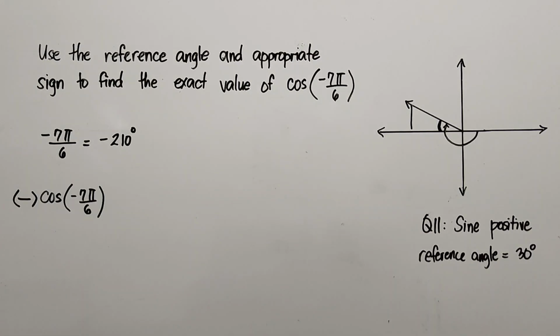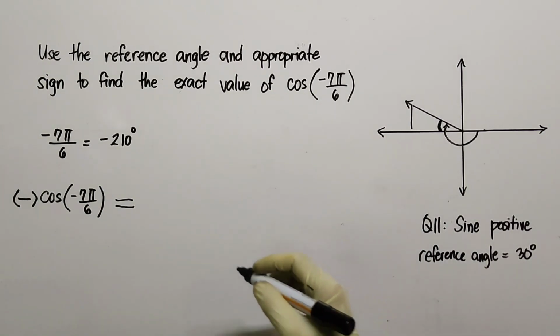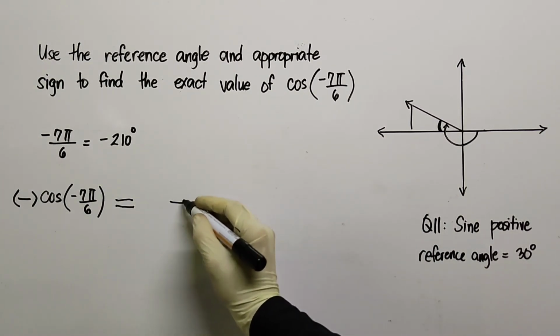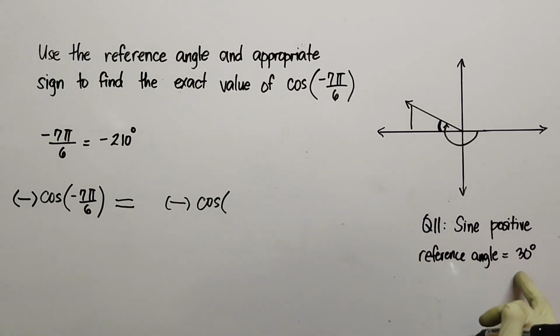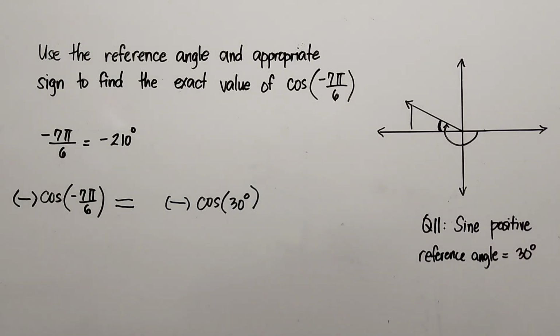In this problem, we are only asked for the exact value of the cosine of negative 7 pi over 6. And since this is in quadrant 2, the cosine in quadrant 2 is negative. And by using the reference angle, this is equal to the negative of the cos 30 degrees.